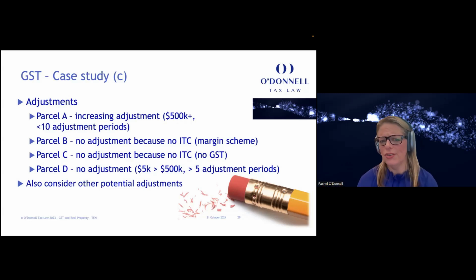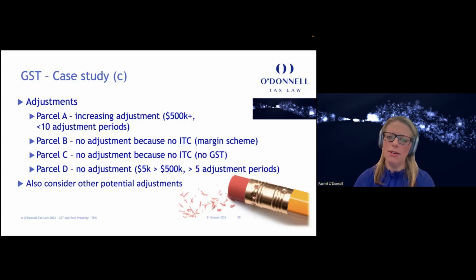And I've got there also consider other potential adjustments. So whilst we're talking about the acquisition of these parcels, the taxpayer would also need to consider various other purchases that they'd made for all of the things that they've incurred to build and develop these properties. So what it boils down to, because of these amounts, is anything that they've paid $500,000 or more for, they will end up having an increasing adjustment.